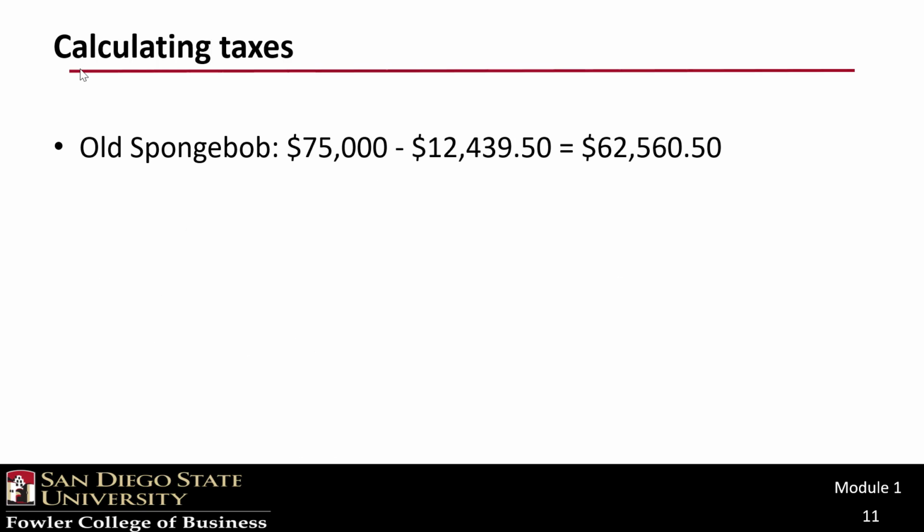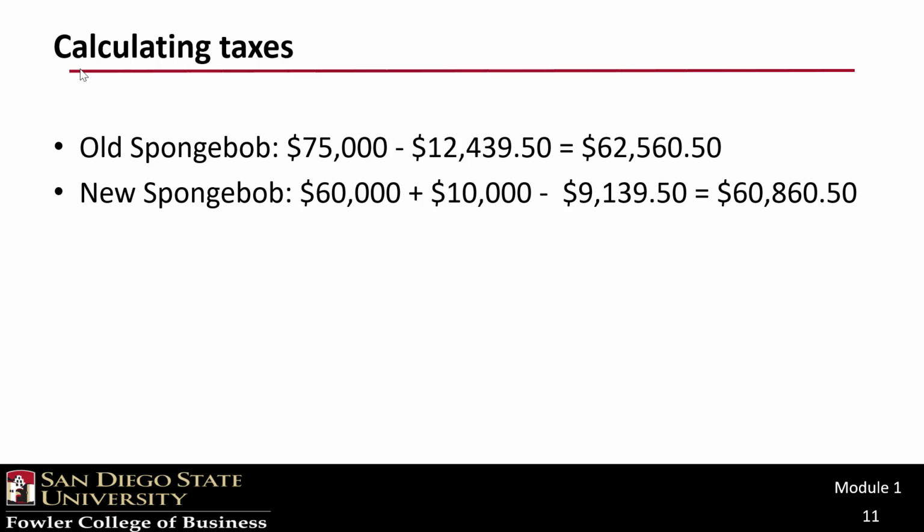So let's take a look at old SpongeBob. He made $75,000 of pre-tax income. He paid taxes of $12,000. He ended up with $62,560 in his pocket. New SpongeBob makes $60,000 plus the $10,000 of exempt income. Even though that's not taxable, of course, it still puts $10,000 in his pocket.